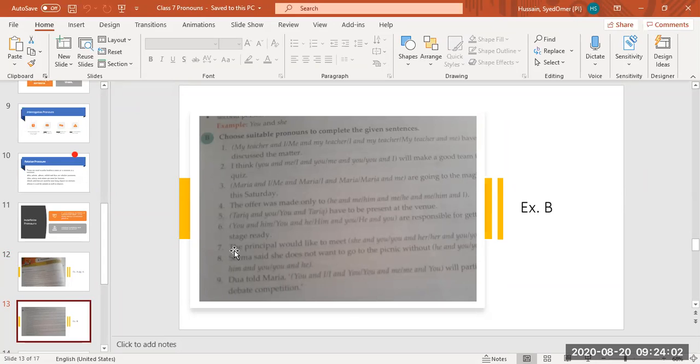It is you and they, you and she, you and I, you and he. Do you understand? So you have to choose the correct option. And if you are choosing the objective pronouns, then you have to choose both objective pronouns, like him and me and us, her and him, like this.